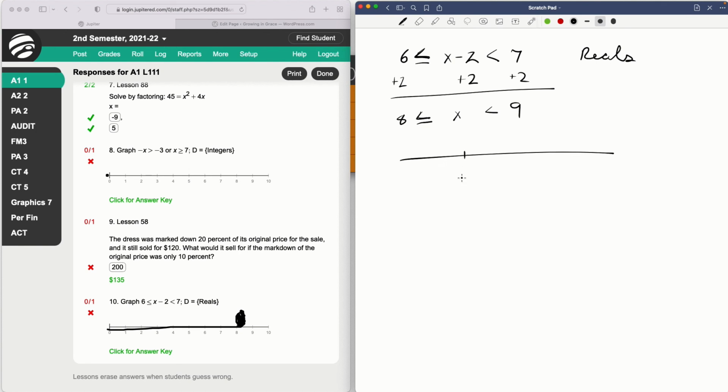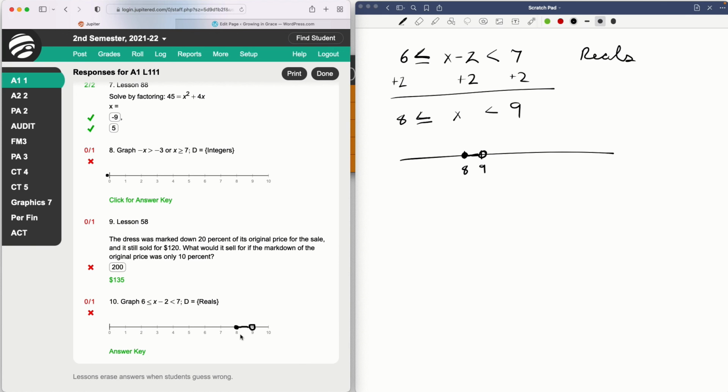So we'll start at 8 here. This is 9. We can draw this from 8, but x is less than 9, so we have to circle 9, and we just have one little line between the two. That should be our answer.